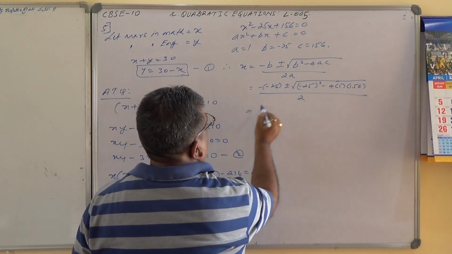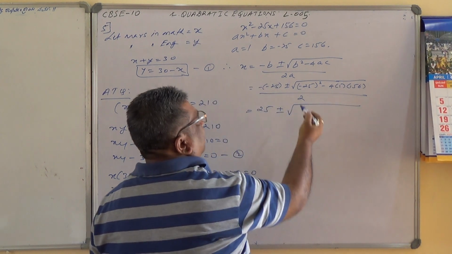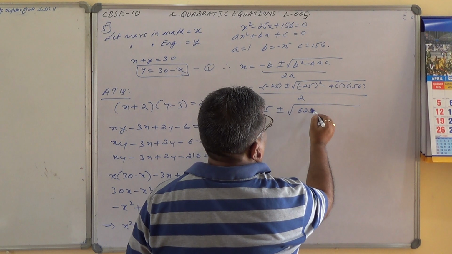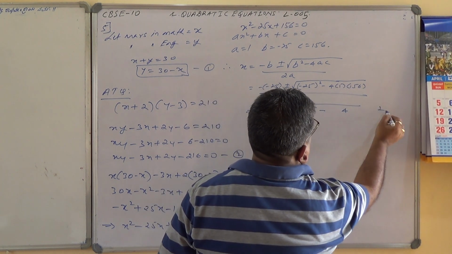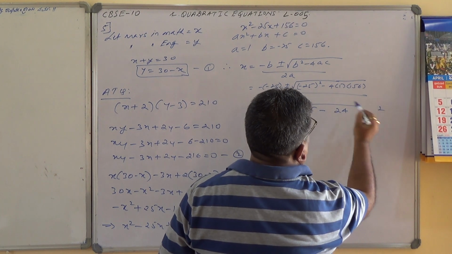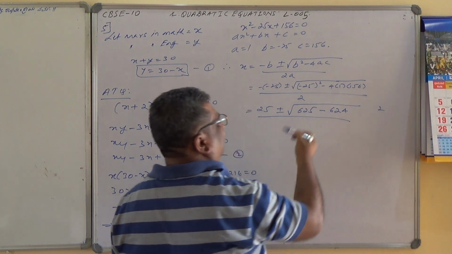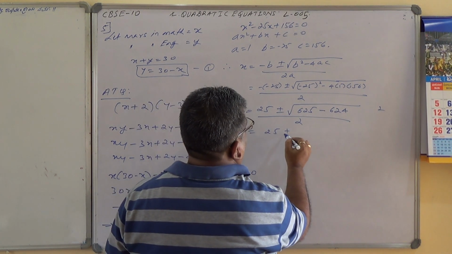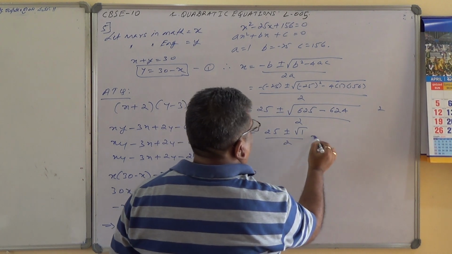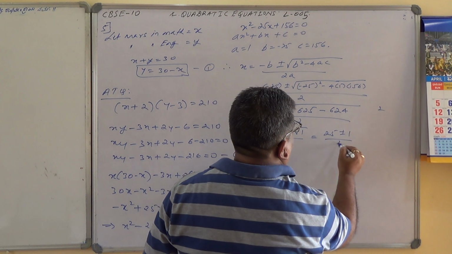Which equals 25 plus or minus under root of 625 minus 624, which is 1, divided by 2. We should get numbers like this. So 25 plus or minus 1 divided by 2.